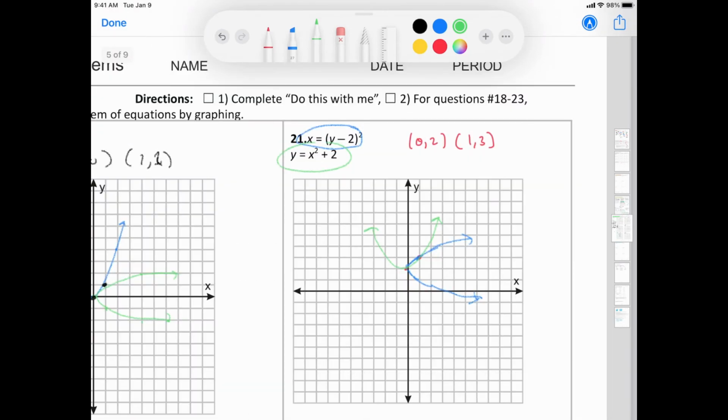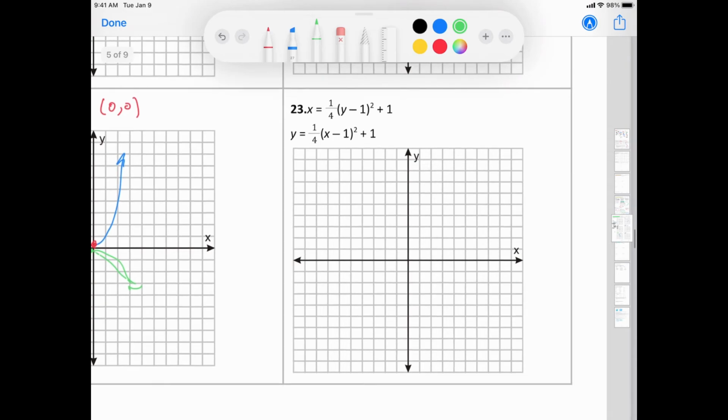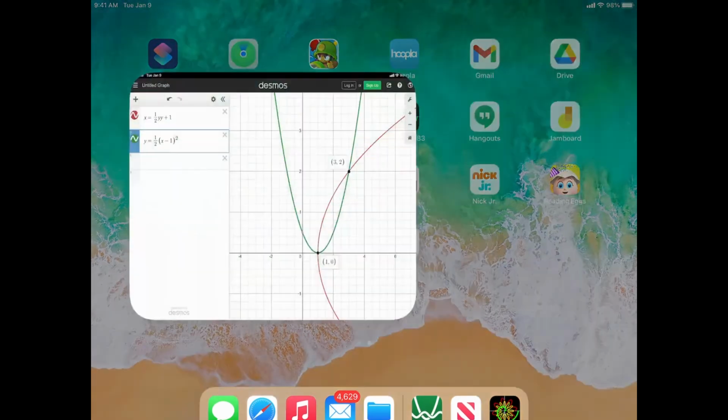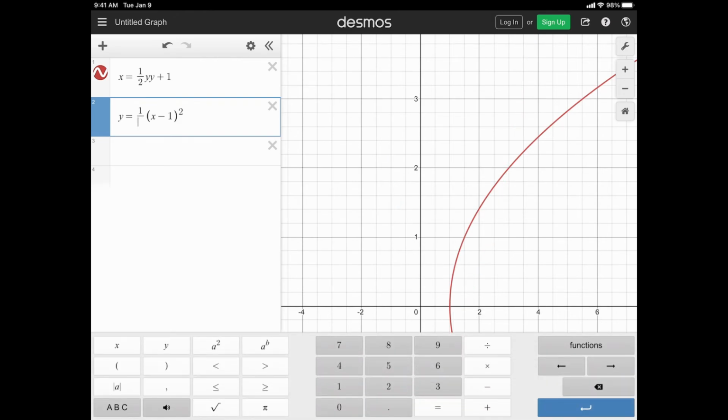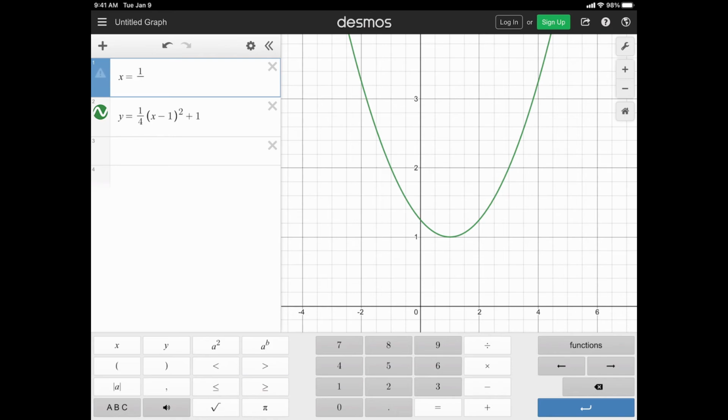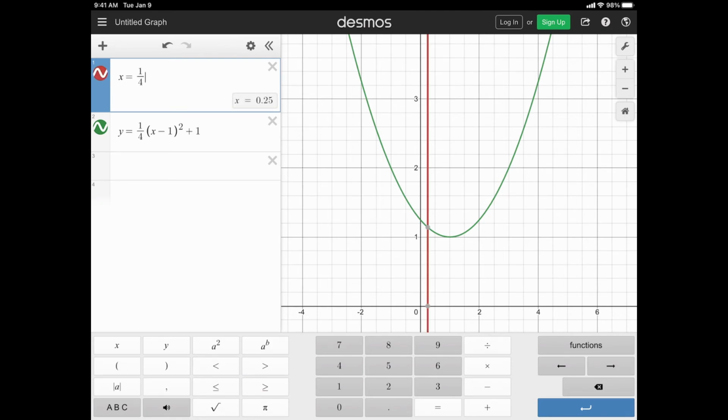Okay, and then number 23. Let's go ahead and put that into our graphing calculator, Desmos. One-fourth, x minus, squared, plus 1. The same thing up here. 1/4 to the right key.